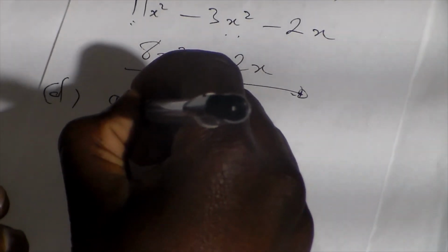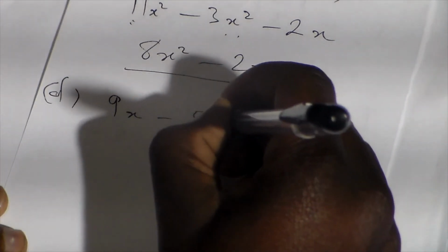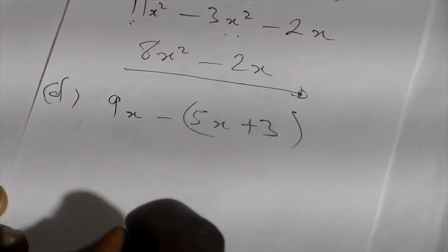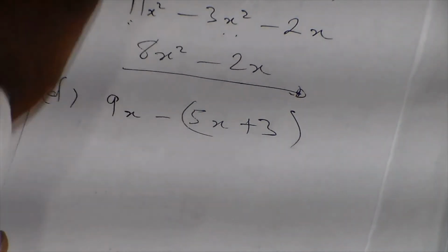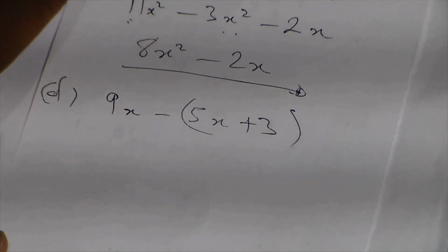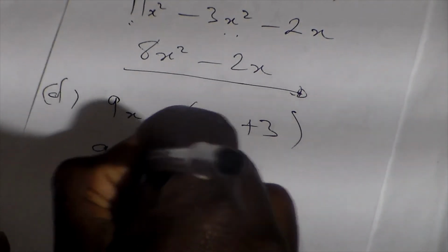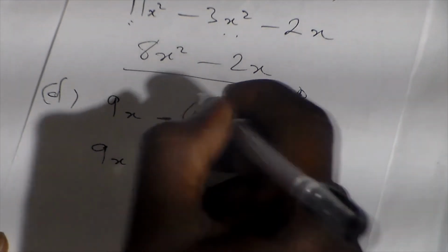Getting on to part D of my question number 3 is like this. So remember, the question is saying remove brackets and simplify this one. So we'll remove this bracket by multiplying with a negative. This is a negative 1.